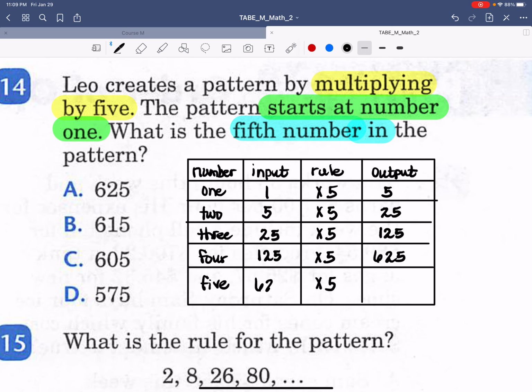And 625 times 5 is growing even bigger, 3125. But our question is, what is the 5th number in? And that is 625. The 5th input is what we're looking for.